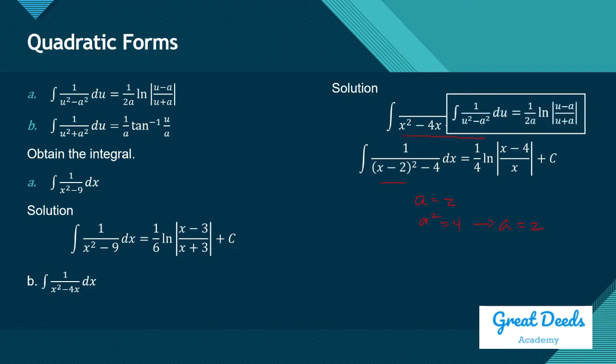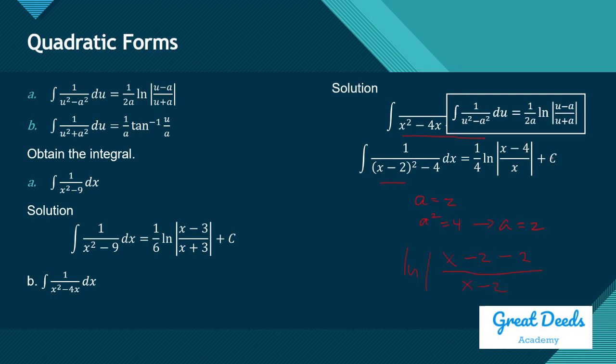Okay, so be careful. It's almost comparable to your integral formula. So it's going to be 1 over 2 times a, but a is 2. So it becomes 1 over 4 times ln, okay, be careful with this. So times ln of x minus 2 minus a, which is also 2, all over x minus 2.